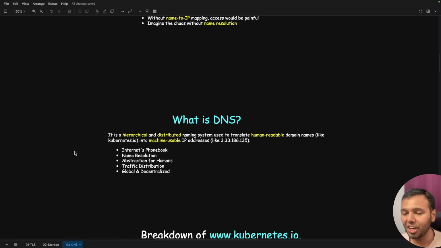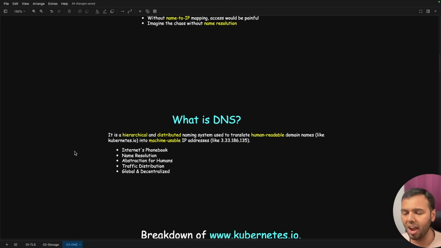It is the internet's phone book. Remember the times when we had phone books? If someone had to search for the phone number of Varun Joshi, they would first open the page that starts with the letter V and then search for Varun Joshi there. It is exactly like that. DNS is the internet's phone book.